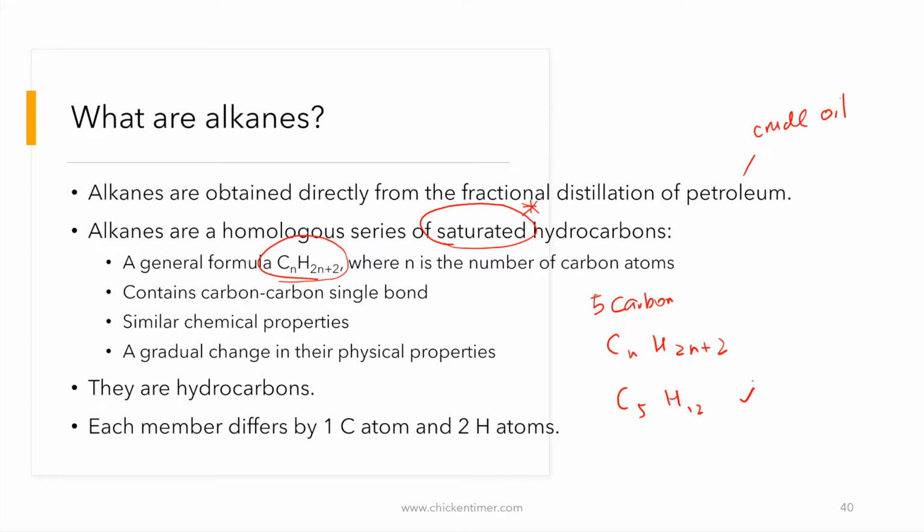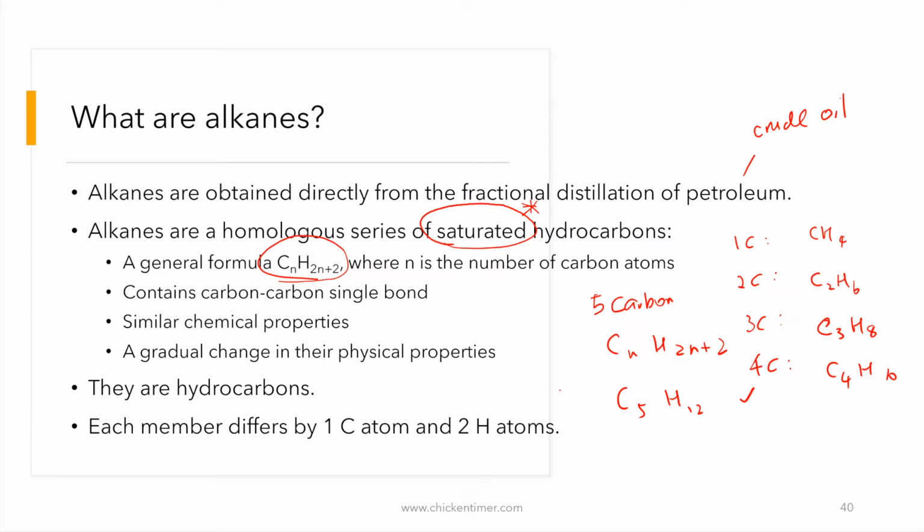This one probably doesn't make sense to you at the moment. So let's come up with a list with 1 carbon alkane, 2 carbon alkane, 3 carbon alkane, 4 carbon alkane. So this is CH4. Then this is C2H6. C3H8 and C4H10, the first 4.